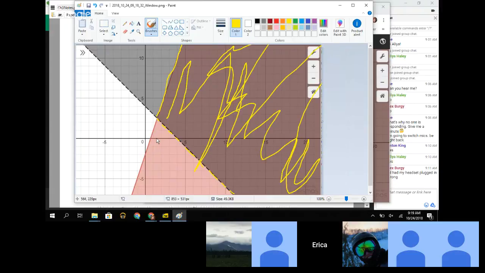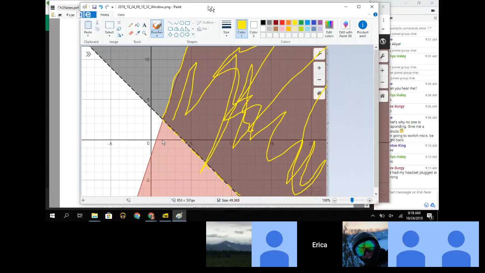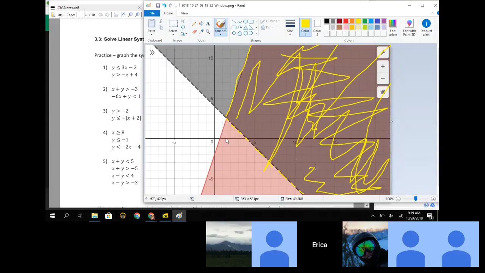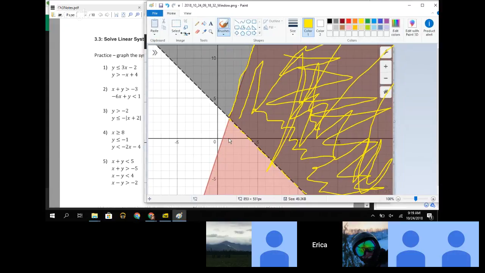My amazing shading, right? So what does this mean? This means that anything that's in my lovely yellow shaded section, right? I can do a much better job shading here. Anything that's in my yellow shaded section should be a solution to both of these equations. Okay, let me make this a little smaller so I can see the chat.